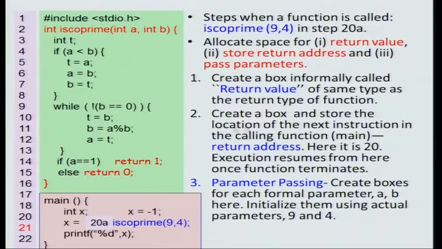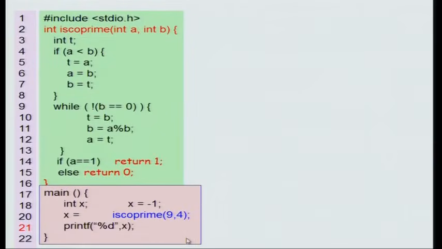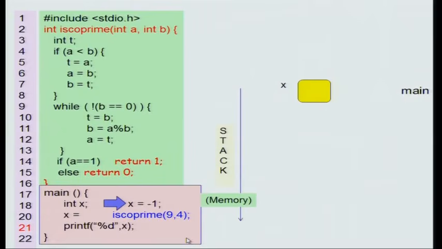Now when you pass the inputs 9 and 4, space is allocated for a equal to 9 and b equal to 4. This is the process of parameter passing. So we visualize the memory as a stack.